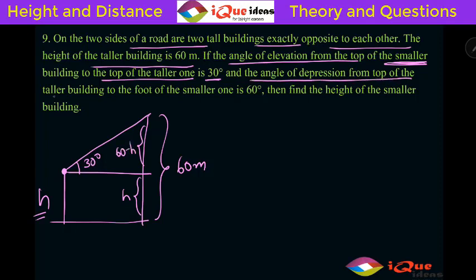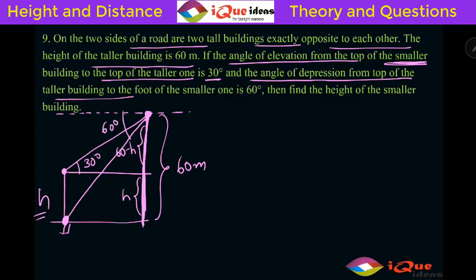Look at the second part also. The angle of depression from the top of the taller building. Now this is the taller building. I am just thickening it. From this, let's say this is the horizontal line. And from this point, the angle of depression of the foot of the smaller one, that is this one here. If you join these two, this total angle is 60 degree.